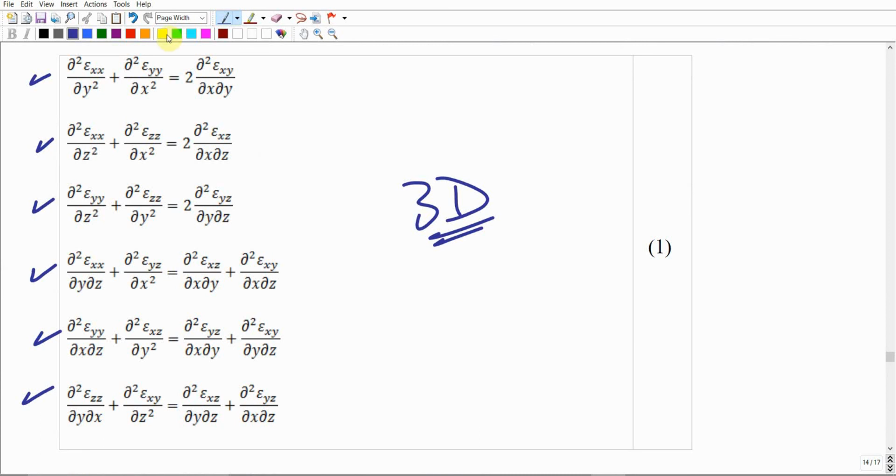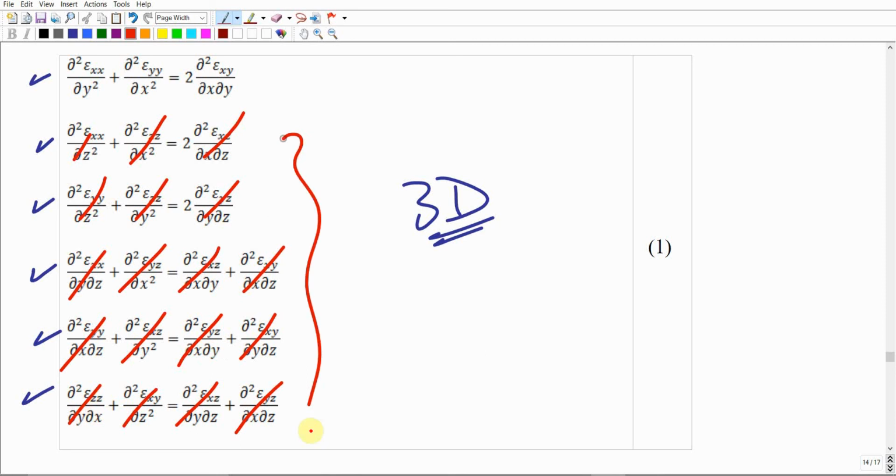Simply, if we decided to work in 2 dimensions, we cancel any term that includes z, with a derivative with respect to z, because we already cancelled all the z's. There is z here, z in the denominator, there is epsilon z.